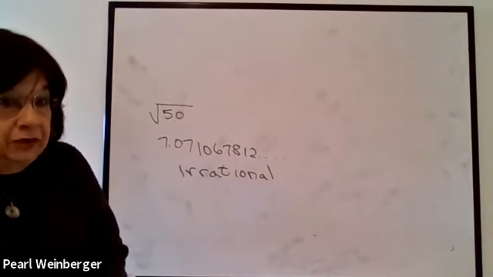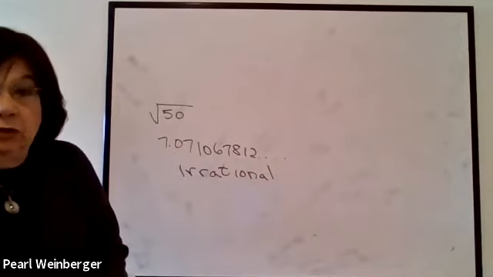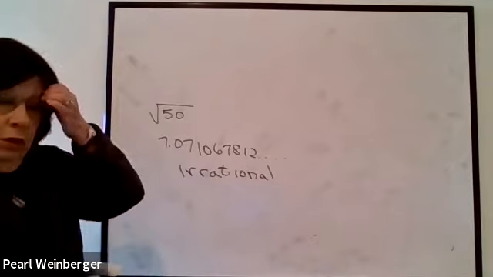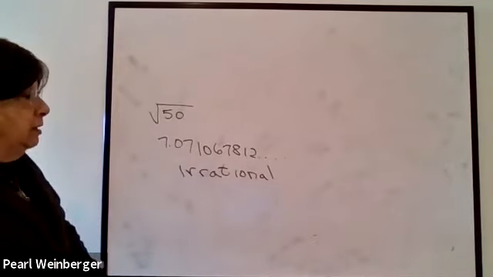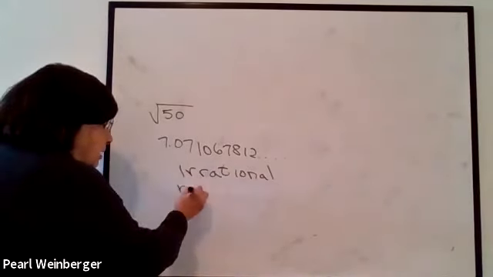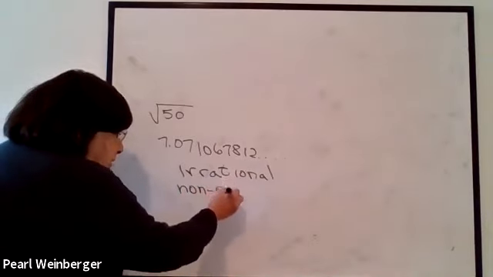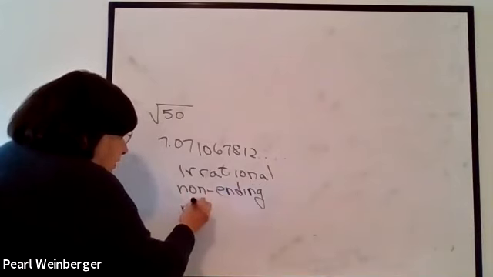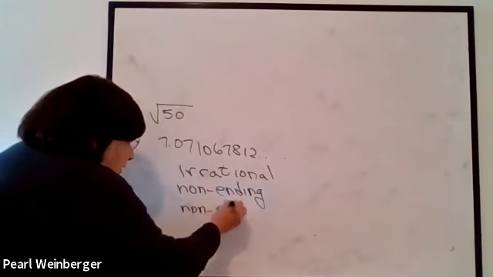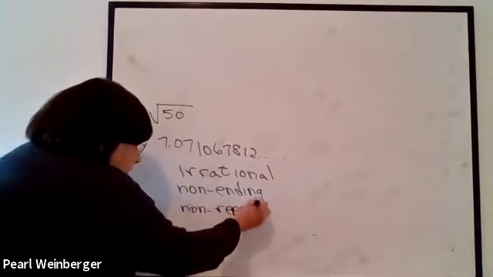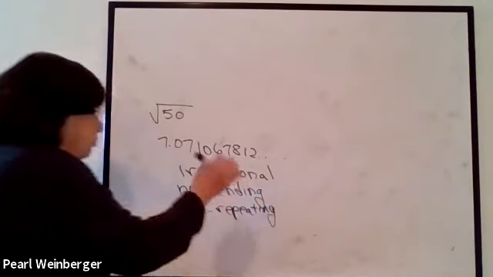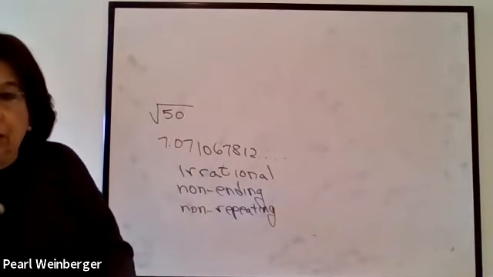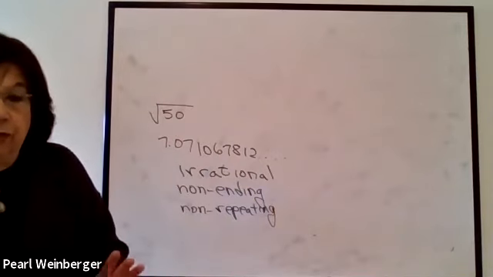If it's not a perfect square, then when you take its square root, you get an irrational number. You get a non-ending, non-repeating decimal. It never ends, and it doesn't have any repeating numbers, like 2, 3, 2, 3, 2, 3 afterwards. It's non-ending and non-repeating in its decimal form.